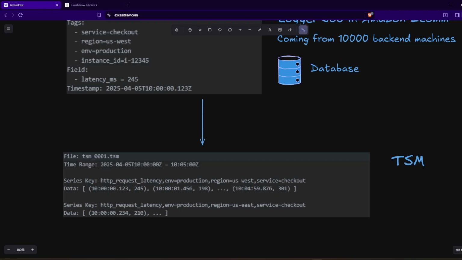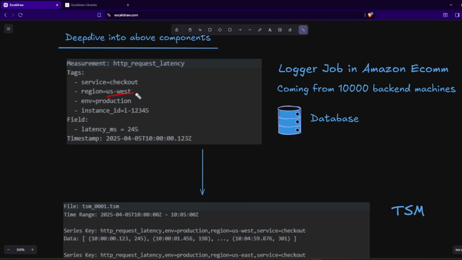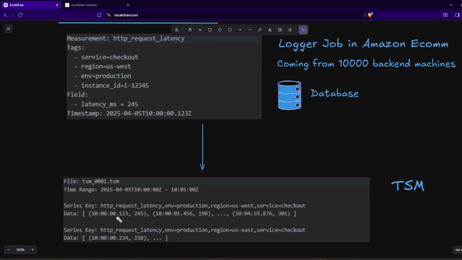So by storing the data in fixed time ranges, the system can very easily and quickly locate where particular data is. And there is something called a series key. The series key uniquely identifies the data. So you see here, for US West, for production, the measurement of HTTP request latency, all this data is being stored over here.